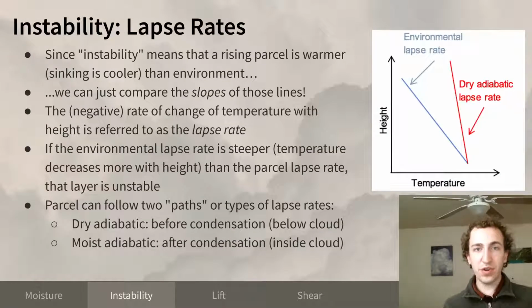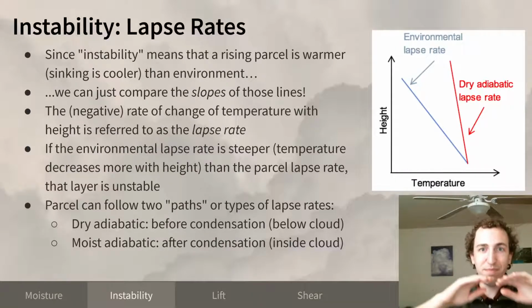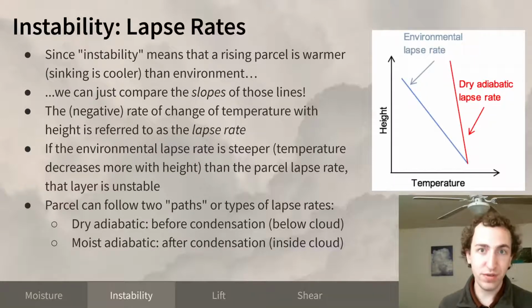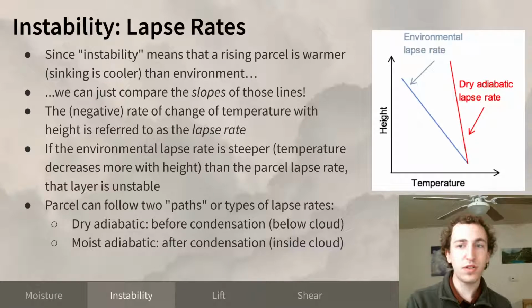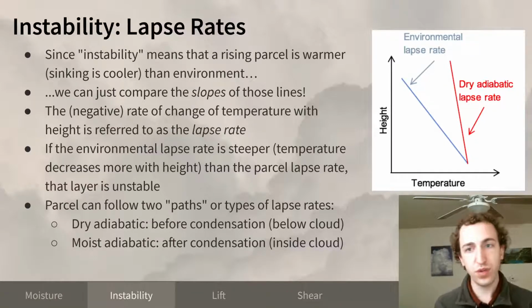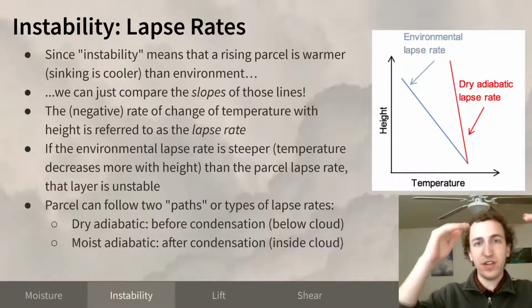So that's the constant level perspective. That's the baseline of this. I'll go into two applied views of instability when it comes to the atmosphere. Since instability in that sense means that a rising parcel is warmer than the environment, or a sinking parcel is cooler, we don't have to just compare at each level and make an assessment.